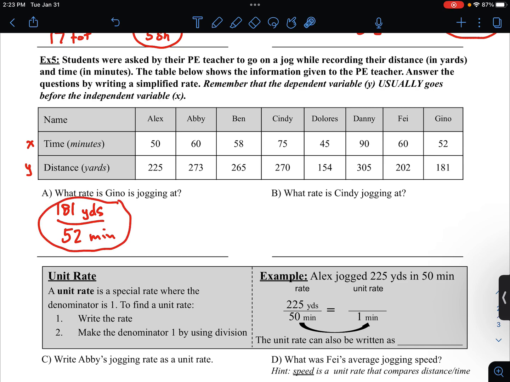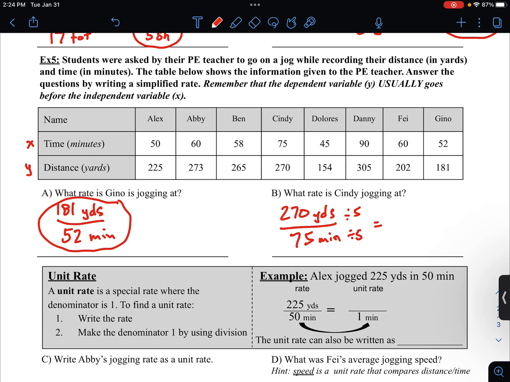What rate is Cindy jogging at? Cindy is right here. 270 yards to 75 minutes. I can divide that because they're both divisible by 5. Let's see, 75 divided by 5.